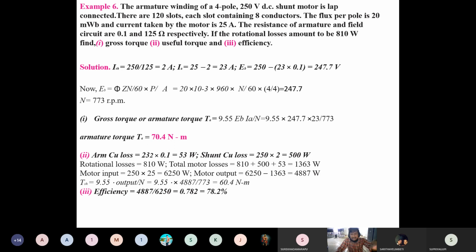You have to determine that value also. Armature torque TA is equal to 0.159 φ Z Ia into P by A. So 0.159 into φ 20 into 10 power minus 3, Z 960, into Ia 23. So that value, right?